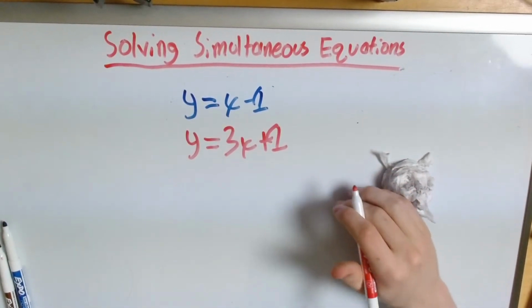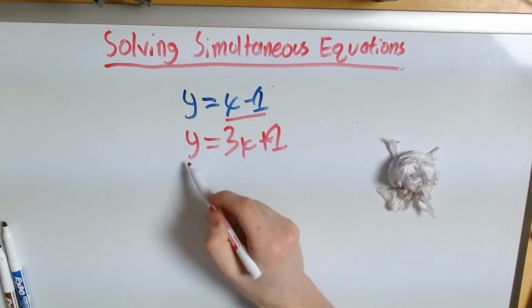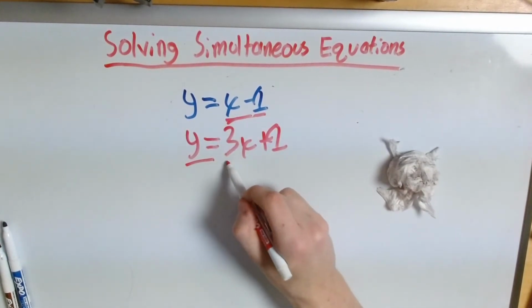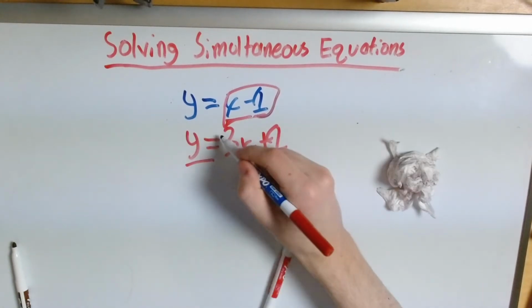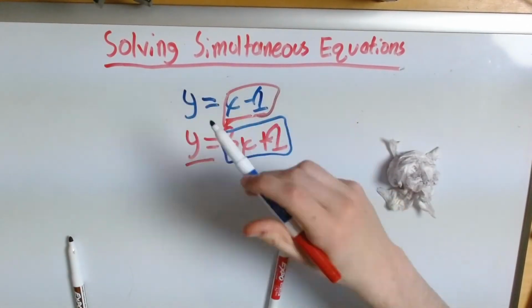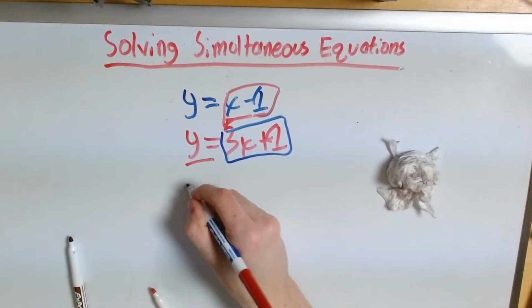Well, you don't have to. We know y is equal to x minus 1. But we also know y is equal to this. So we know that these two things, this guy and this guy, have to be equal to each other, since y equals both of them. So what we can do is set them equal to each other.